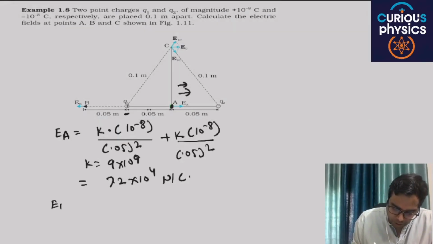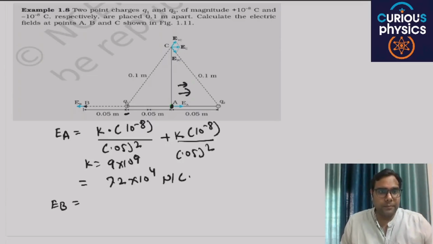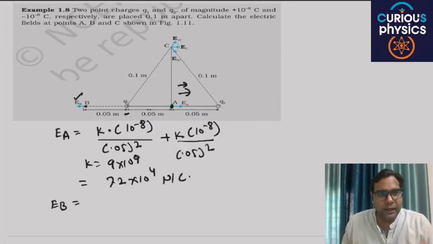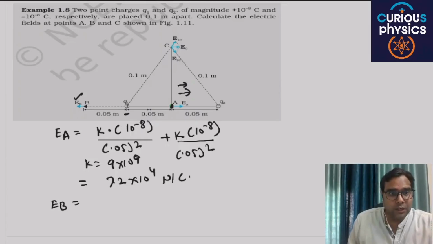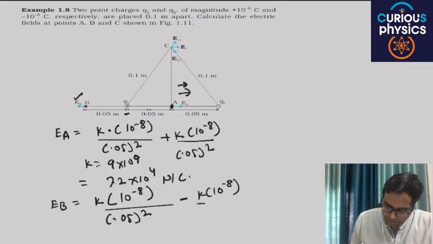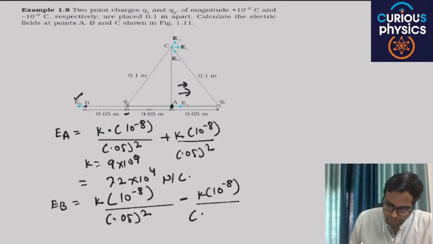Now at point B, due to this positive charge Q1, the electric field is in this direction, and due to this negative charge it is toward the negative charge, but the net electric field is away from B, because the dominance is shown by the Q1 charge, as it is nearer to point B. So the net electric field at point B due to Q1 and Q2: K times 10 raised to power minus 8 over 0.05 whole square, minus, in the opposite direction, the same K charge but now the distance is 0.05 plus 0.05 plus 0.05, so 0.15 whole square.